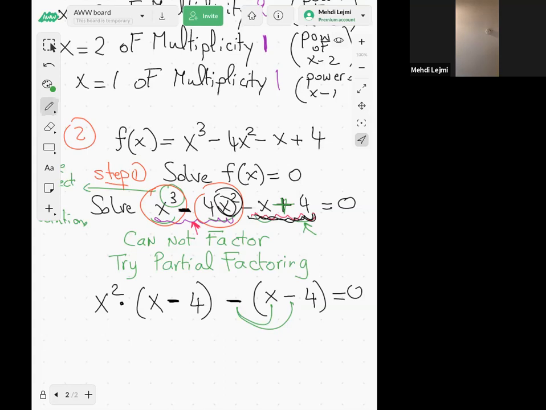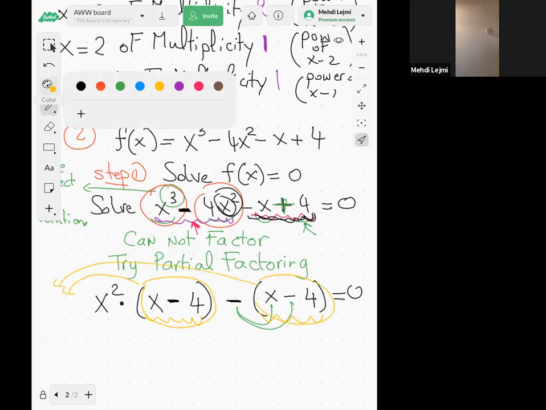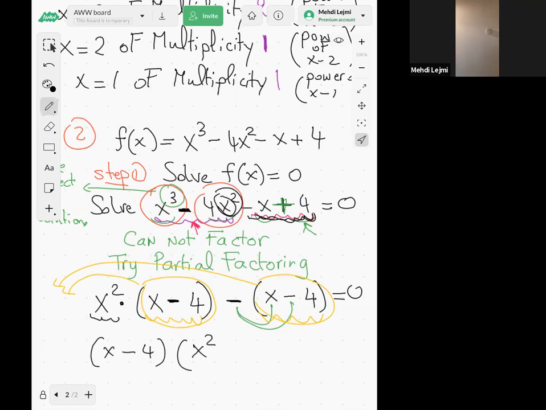But then you have a common factor here, which is x minus 4. Here's my x minus 4, and x minus 4 here. So I can factor out this x minus 4. We're going to have x minus 4 times, well, here there's x squared left, and then there's a minus.